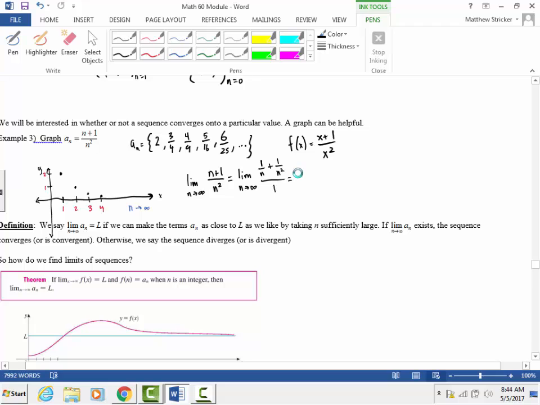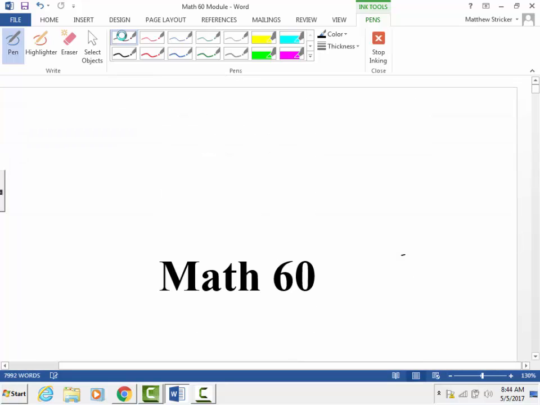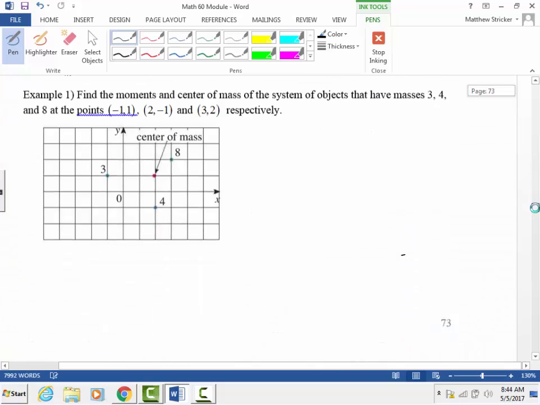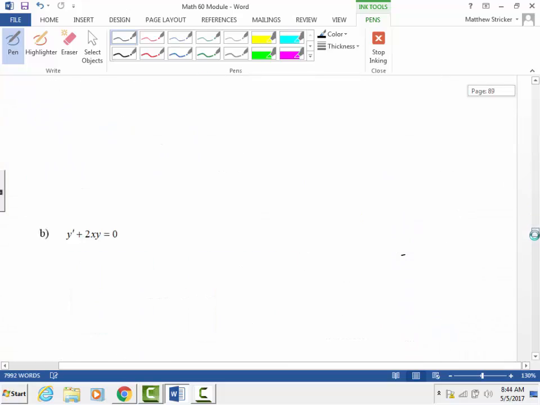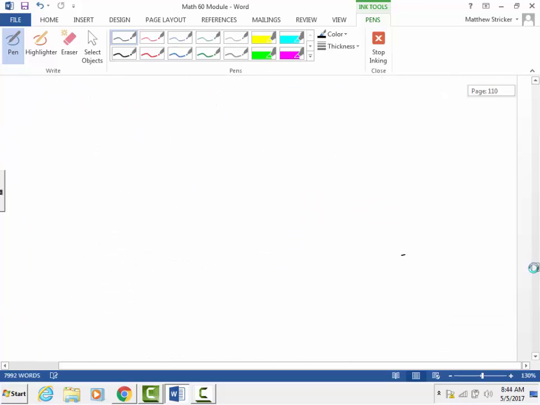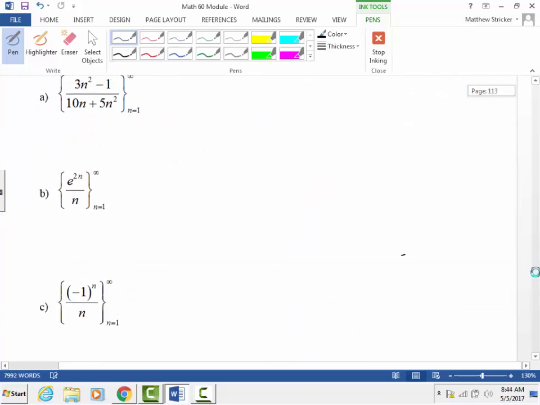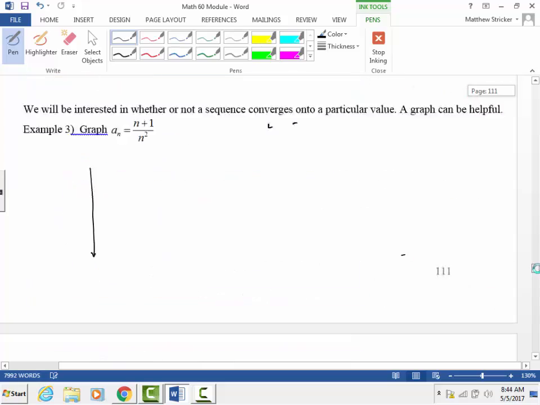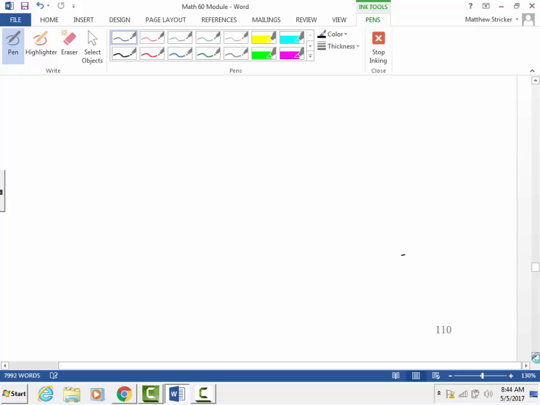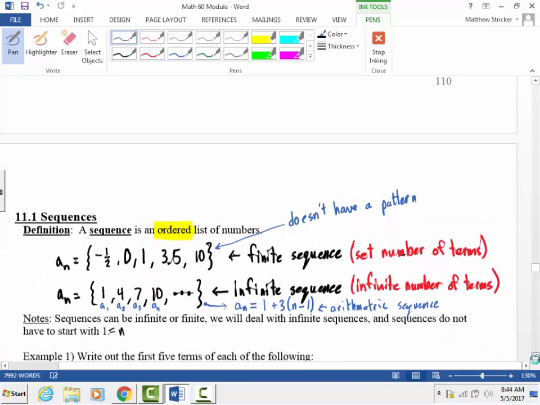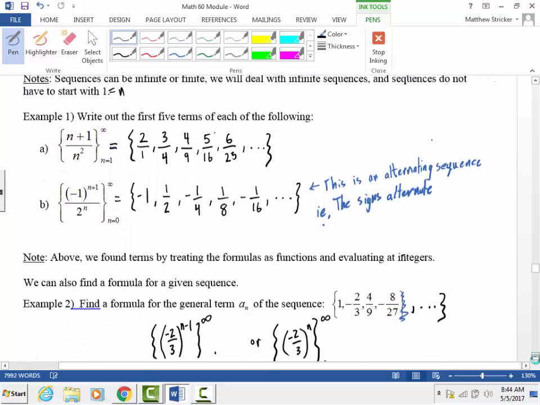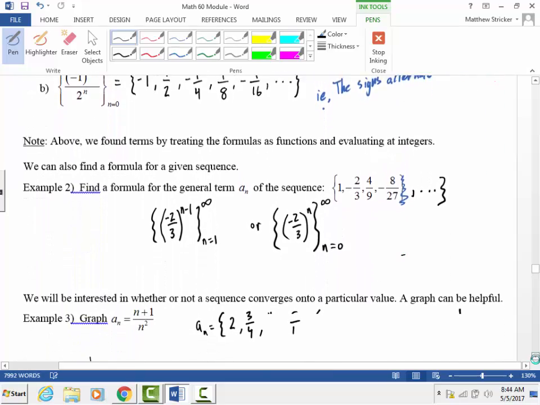All right, so wow. What page are we on? 10. Where? So, yeah, this is when technology fails you.